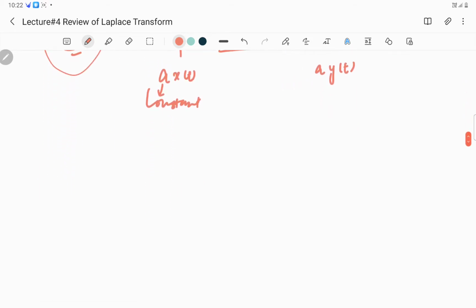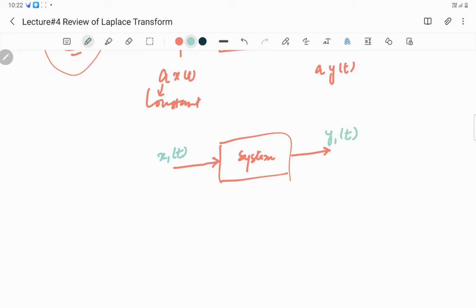Further, say I have the system, and when I apply a signal to it, I get some output. Say my input is x1 of t, and corresponding to x1 of t, our output is y1 of t. Now if I apply x2 of t, corresponding to x2 of t, the system gives us output as y2 of t.